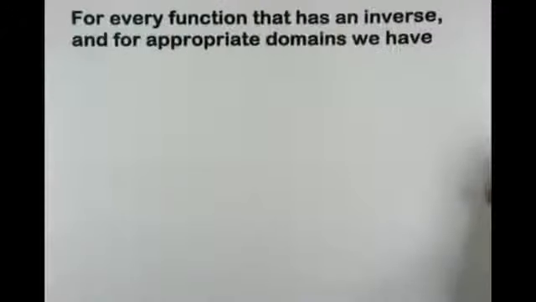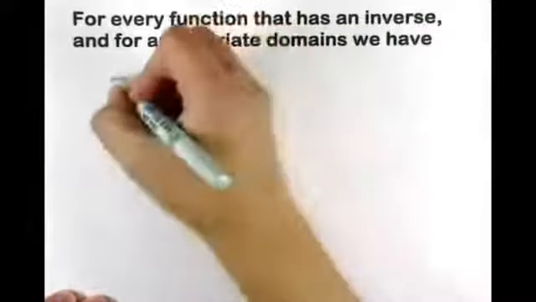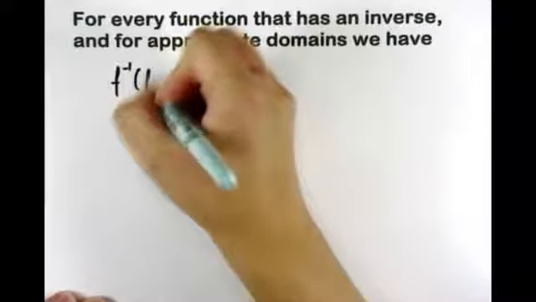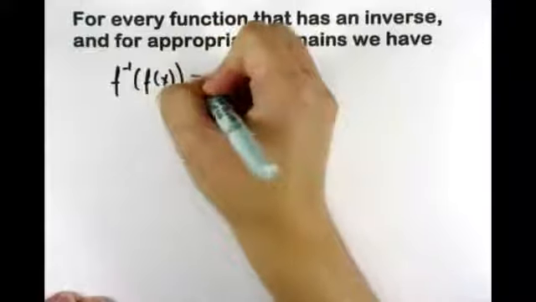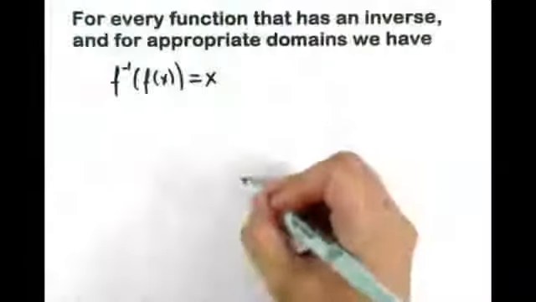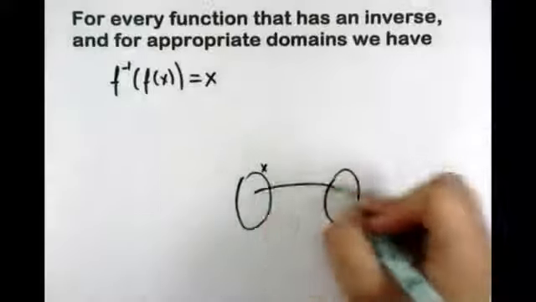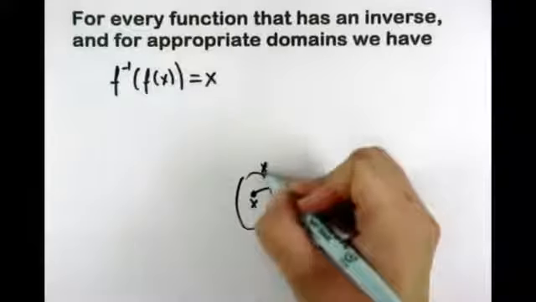Now, for every function that has an inverse and for appropriate domains, we have the so-called cancellation formulae. So we have that f inverse at f of x cancels to x. And this roughly goes like this. If I had the set of x's, this is my f of x. So first I have this one x, this is my domain.